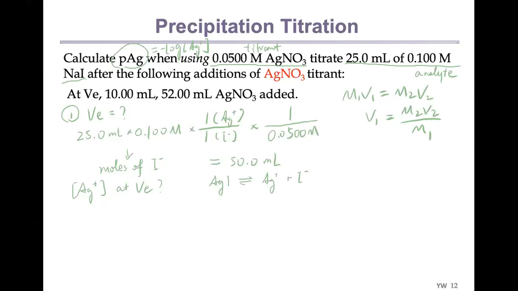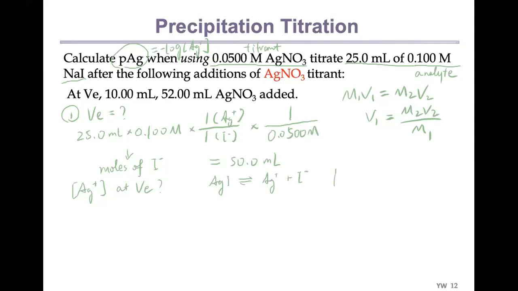At the equivalence point, all the iodide and silver will be reacting to form the precipitate. So you have everything in the precipitate, but the precipitate will establish a new equilibrium with the solution by forming silver ion and iodide ion, right?